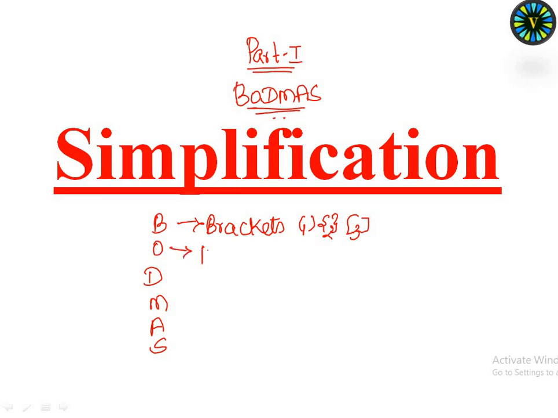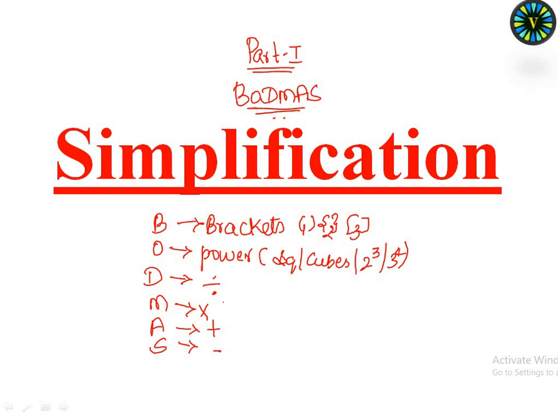Next, O means power. Power can be anything, it might be a square or cube. We need to remove this if it is there. Then D means division, M means multiplication, A means addition, and S means subtraction.